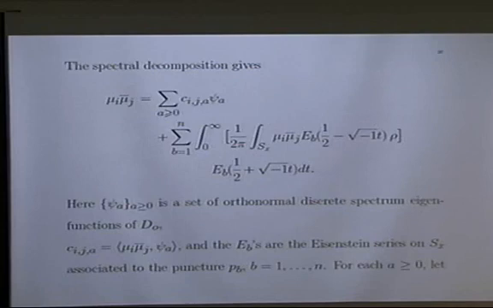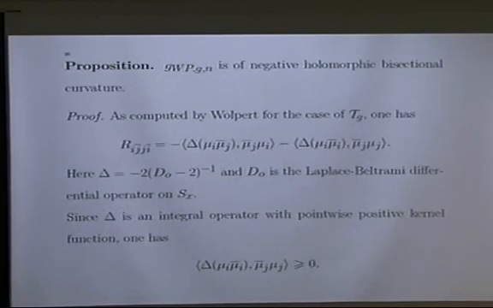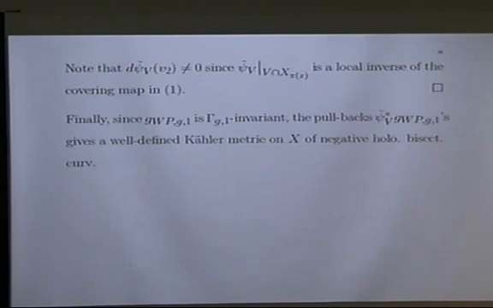Finally, you look at the Weil-Petersson metric on T_{G,1} and restrict it to the Kodaira fibration surface. When you restrict a Kähler metric of negative bisectional curvature to a submanifold locally, you get a Kähler metric of negative bisectional curvature. So this is a really simple observation.